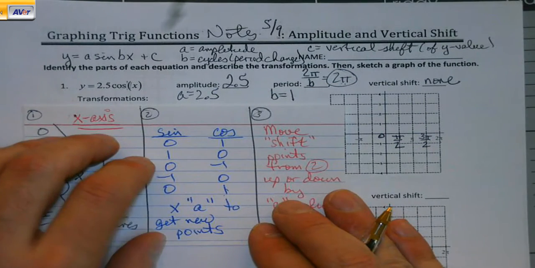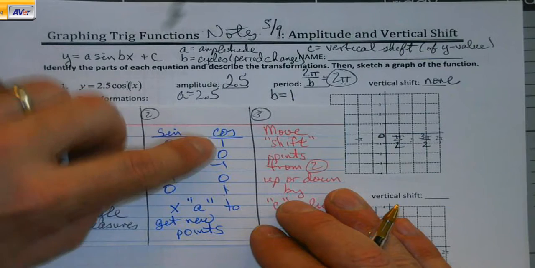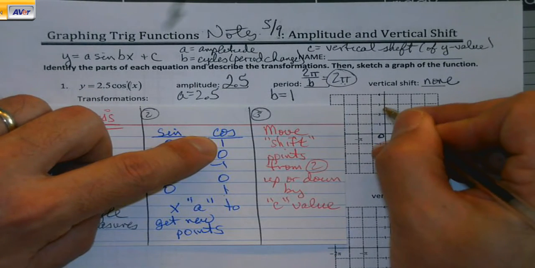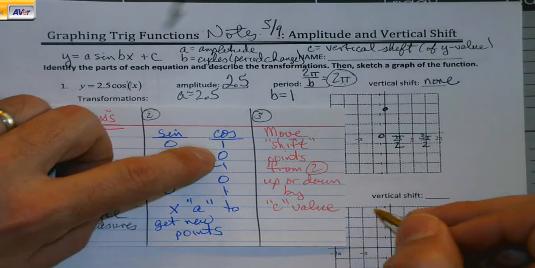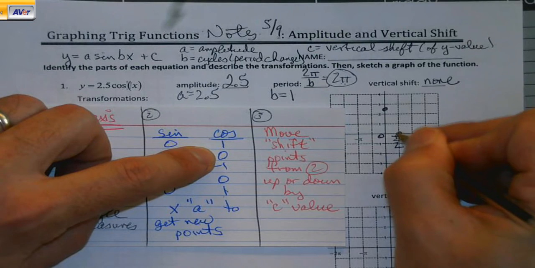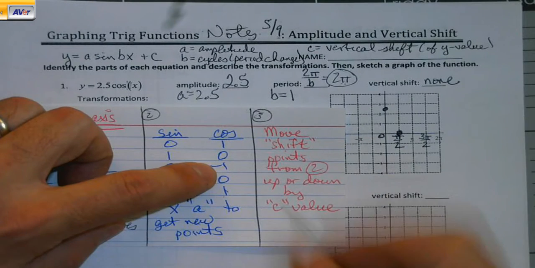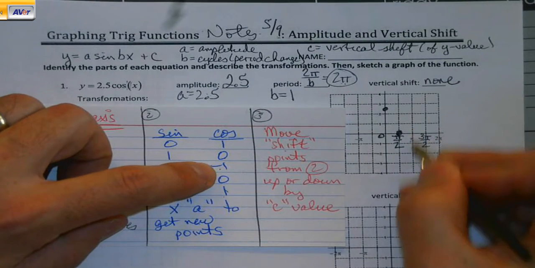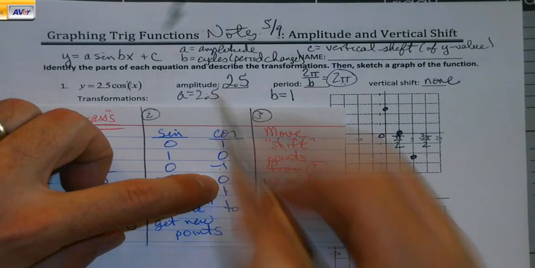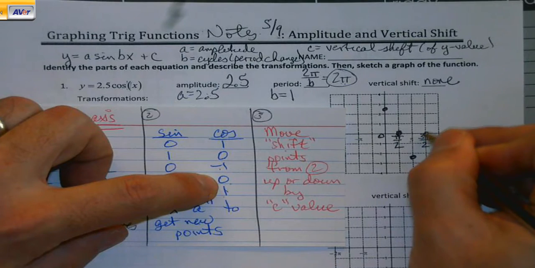So I'm just going to work my way down. My cosines, 1 times 2.5 is 2.5. 0 times 2.5 is 0. Negative 1 times 2.5 is negative 2.5. 0 times 2.5 is back to 0.